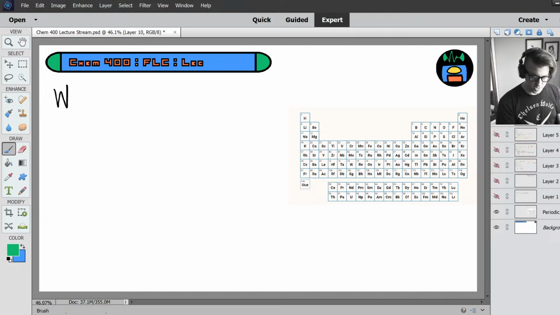Tungsten, if you're wondering why an element whose name starts with T has a W as a symbol, it's because of its medieval name. Tungsten was called wolfram. It's one of the hardest metals that we know of.